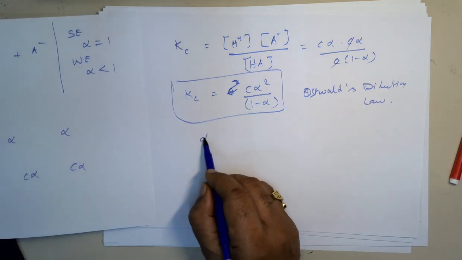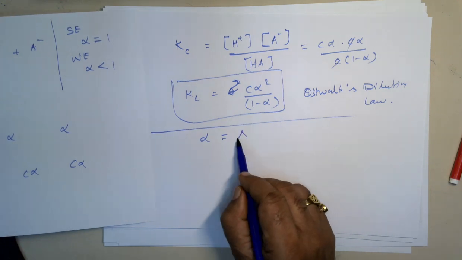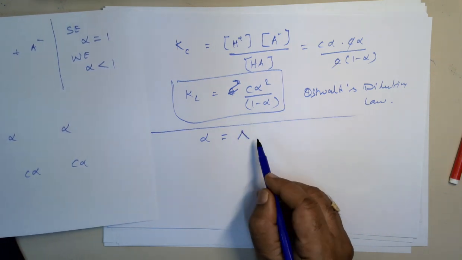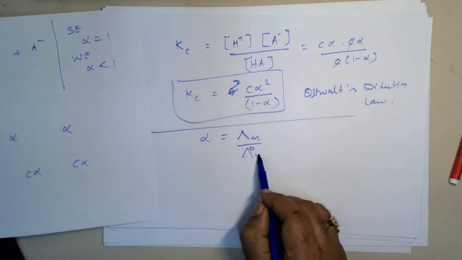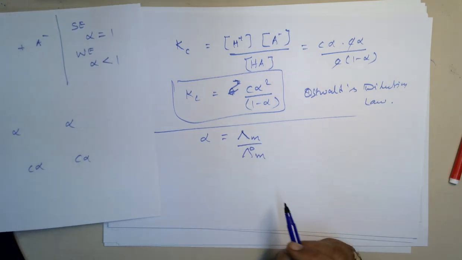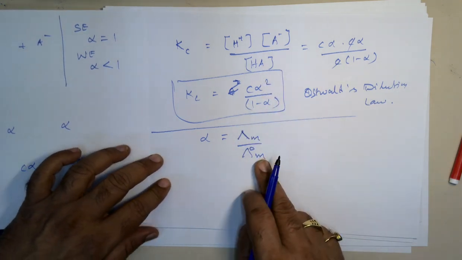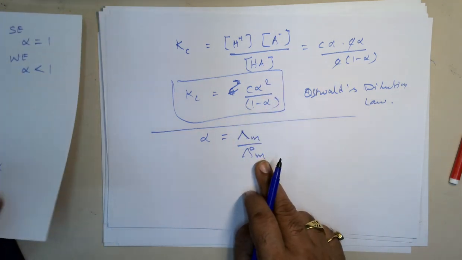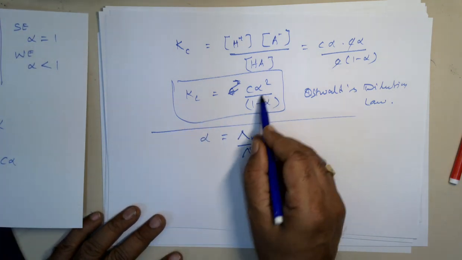Now we already know alpha is equal to lambda m divided by lambda naught m. We can substitute this value of alpha.